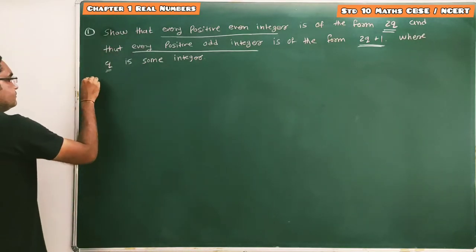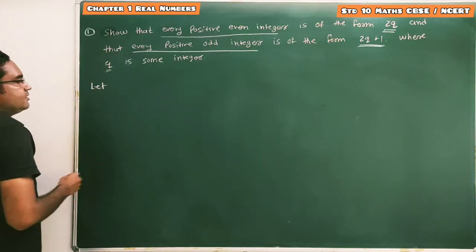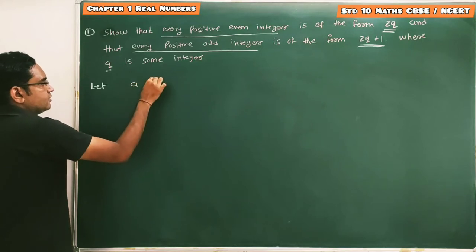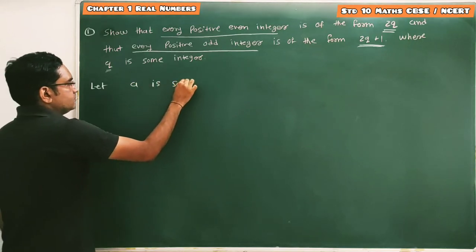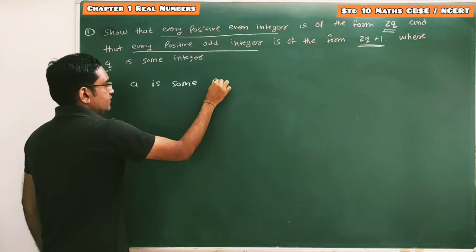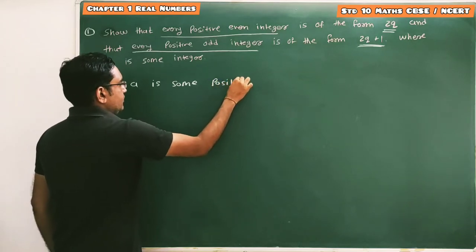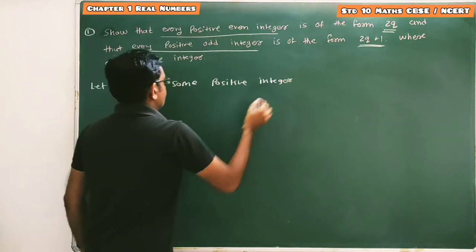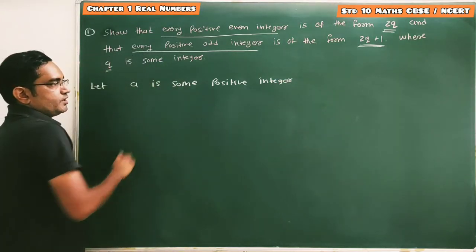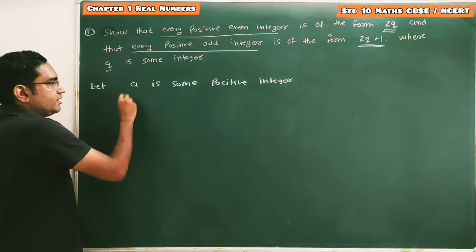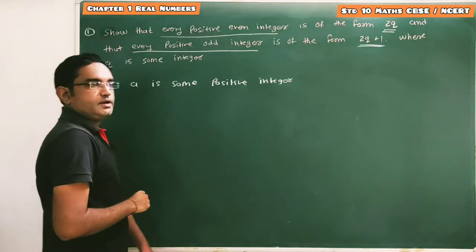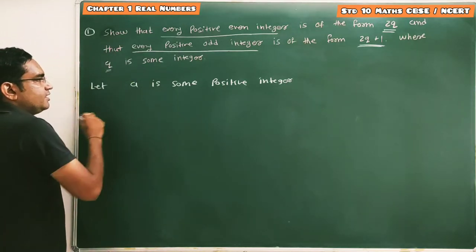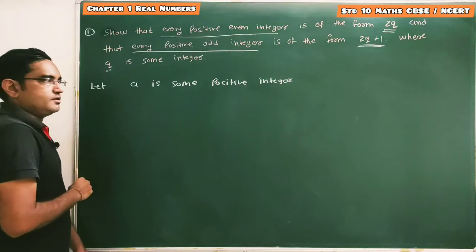So let's say a is some positive integer. This a can be a positive odd integer, or this a can be a positive even integer. So a is one general positive integer.